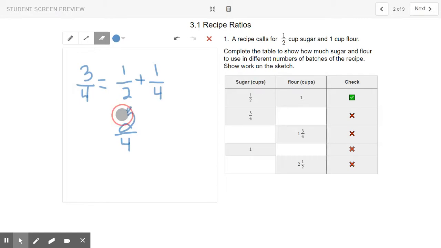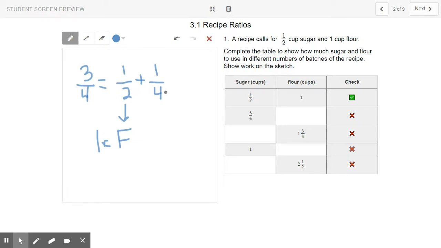So when I see this, I know that 1/2 cup of sugar requires 1 cup of flour. And I know that from the recipe. So 1/2 means 1 cup of flour. And then I also know, okay, well, 1/4 is actually half of a half.